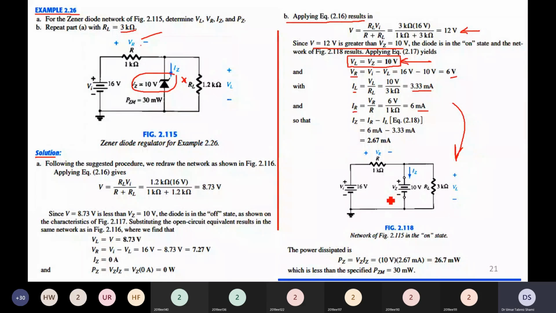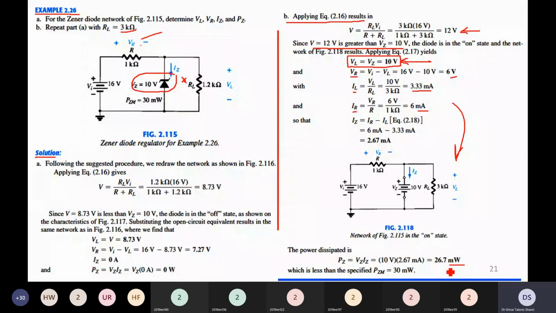Now the last requirement is the power dissipation. Power dissipation through the Zener diode is equal to the voltage across the Zener diode times the current flowing through the Zener diode, which is equal to 10 volts multiplied by 2.67 milliampere, that is 26.7 milliwatts.